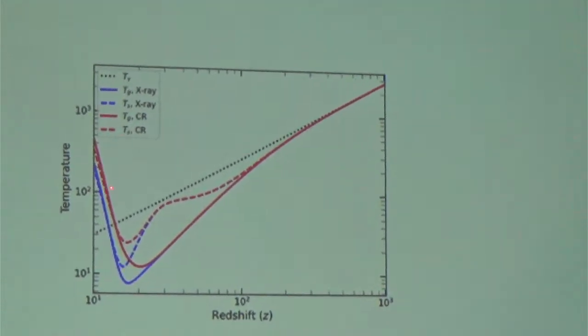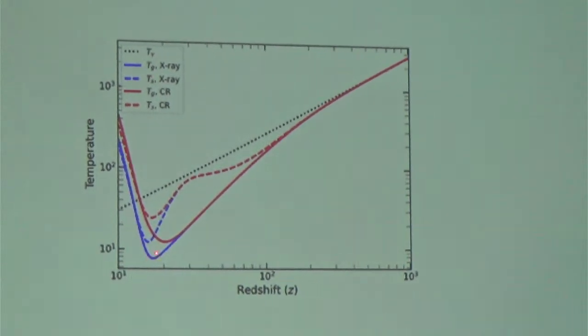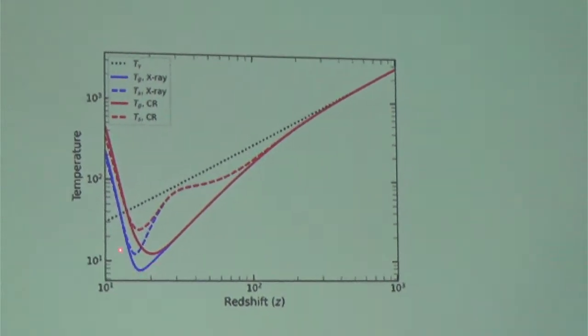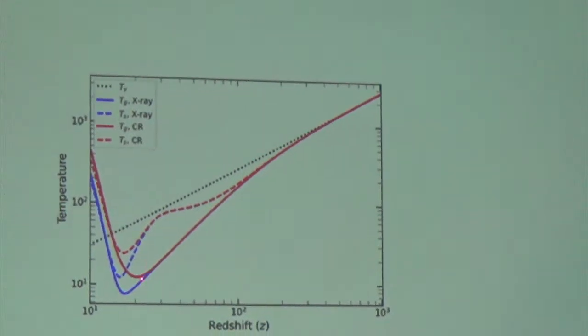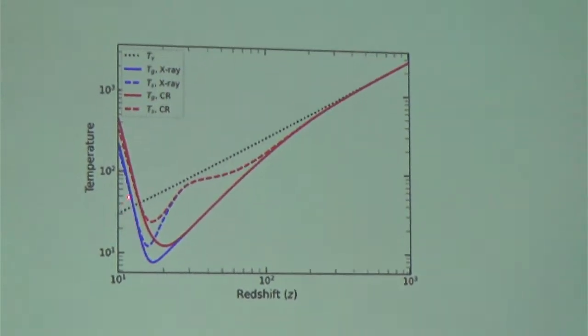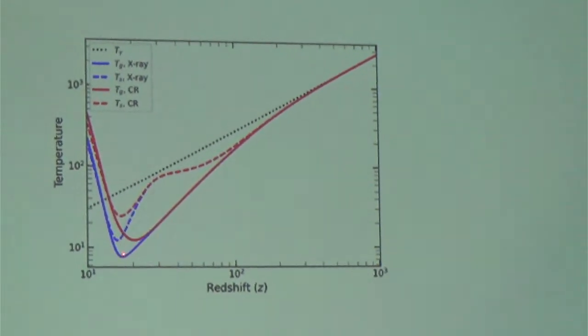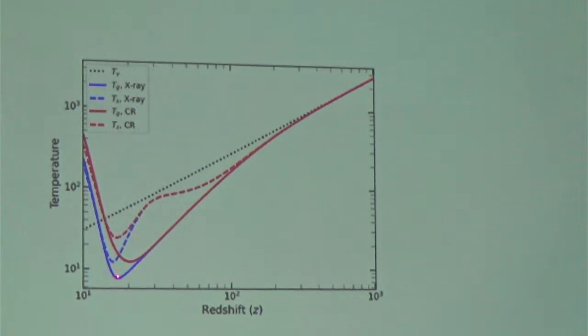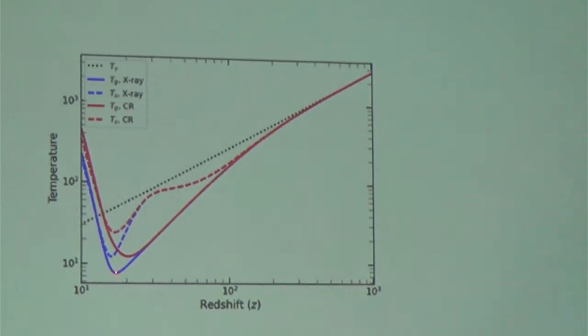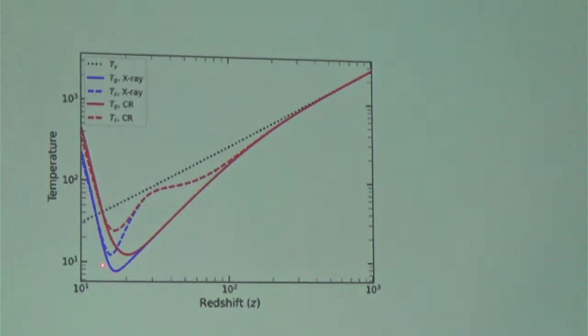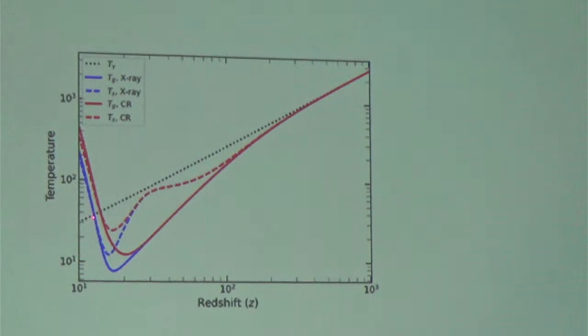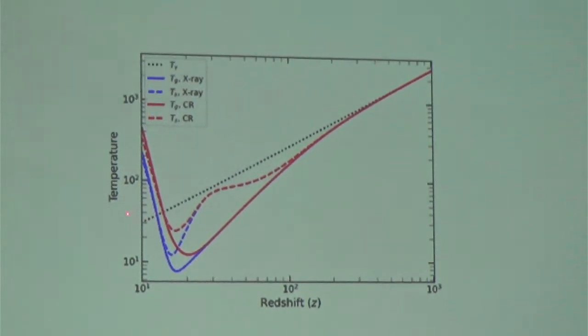If you follow the blue solid line, that is the X-ray heating. The IGM temperature is rising very rapidly. Up to this point there is no heating, but then, around redshift 15 or 16 maybe, because of the X-ray heating the temperature rises, and then it crosses the CMB temperature and goes above it.